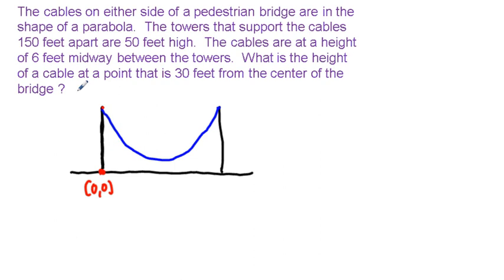We have 50 feet high, so this one right here is 0, 50. And 150 feet apart, so right here we have 150, comma 0. And right up here at the top, we have 150, comma 50.